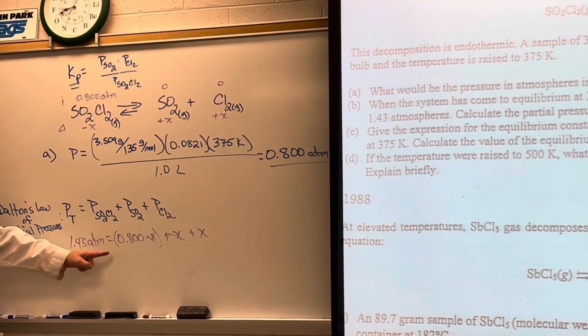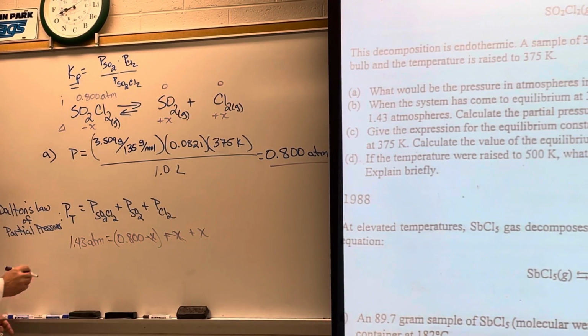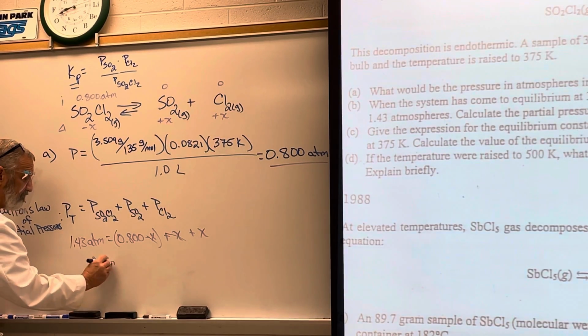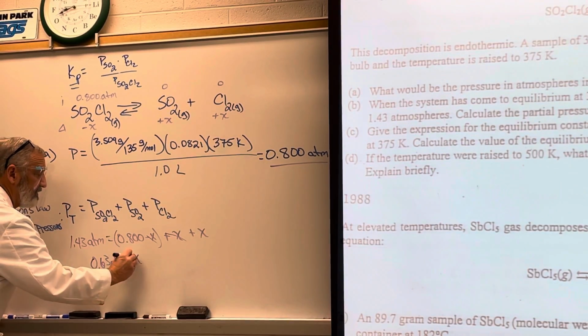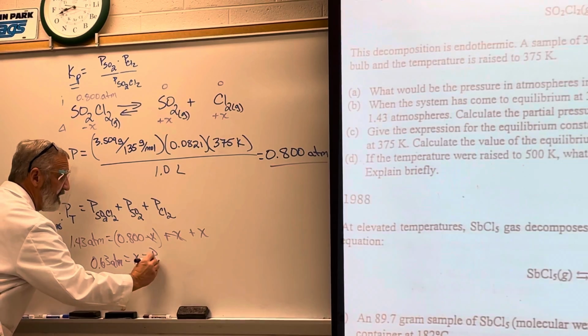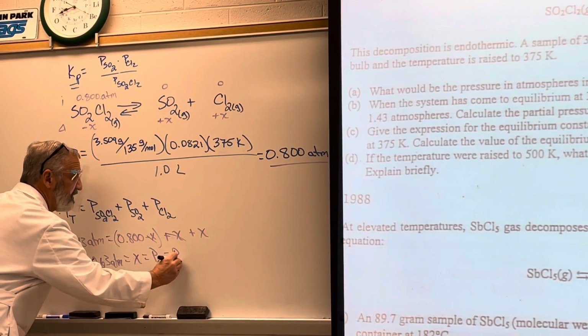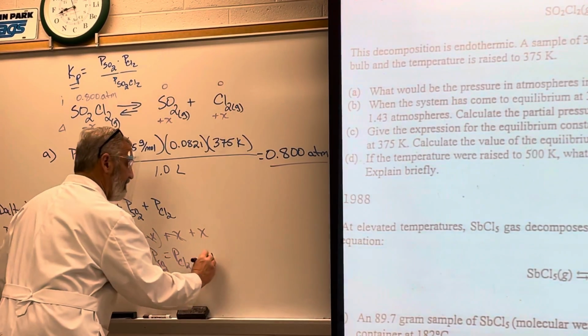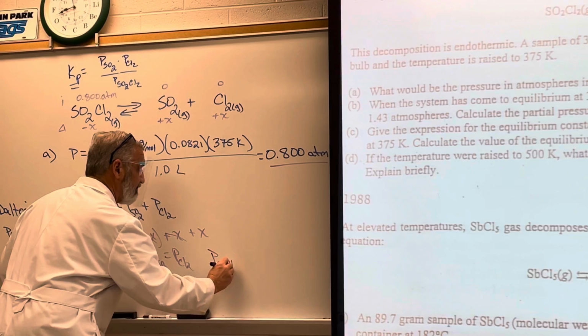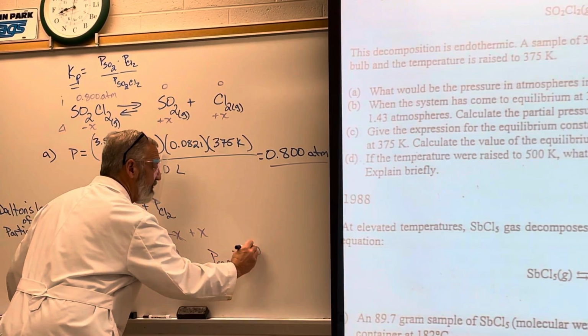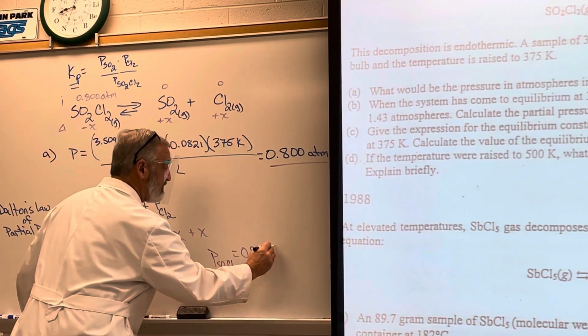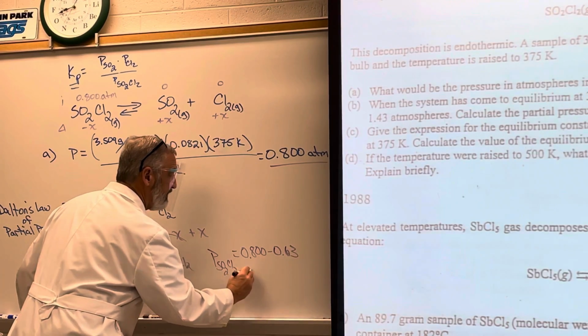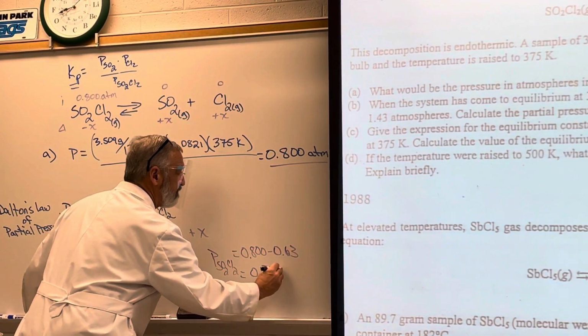Therefore, we're going to end up with 1.43 minus 0.8, which is 0.63, equal to x, which is equal to the pressure of my SO2, which is equal to the pressure of my Cl2. What's the pressure of the SO2Cl2 going to be? It's going to be 0.8 minus the 0.63, which equals 0.17 atmospheres.